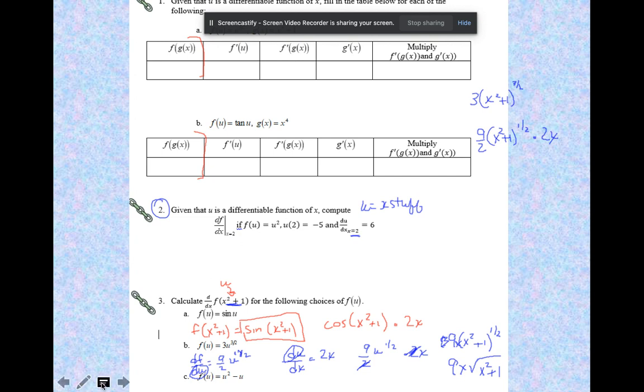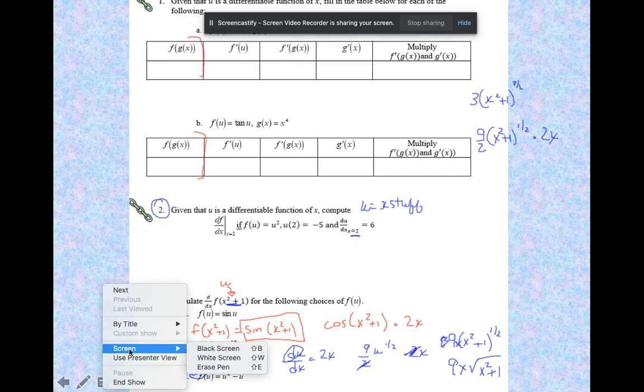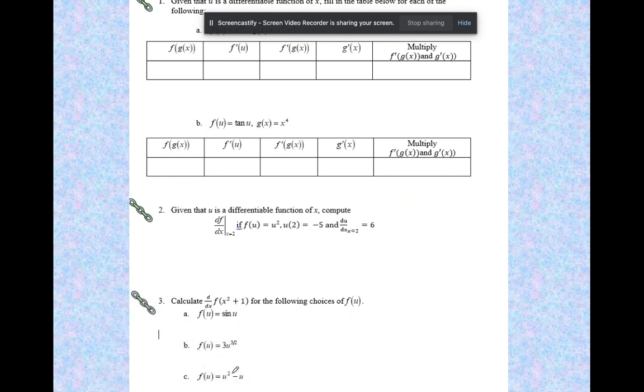Let's do the last one. Right, remembering what my u is. Let's do this both ways. Take the derivative of f with respect to u. Take the derivative of u with respect to x.